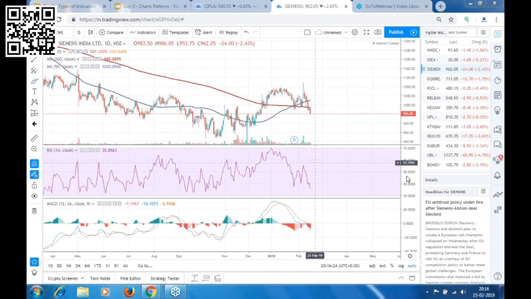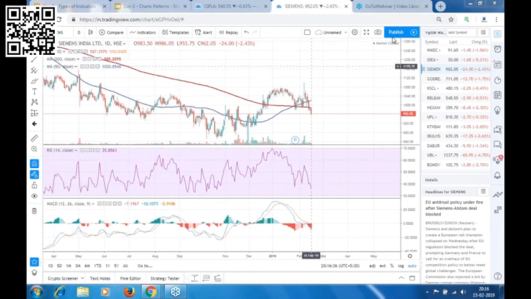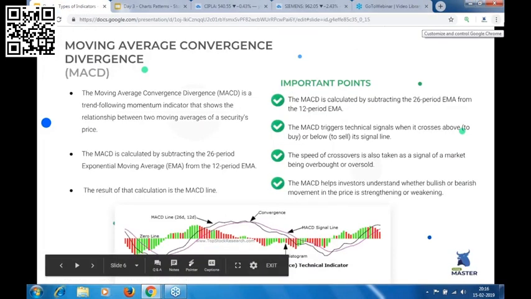So MACD, that is moving average convergence divergence, as I said, is a trend following momentum indicator. Now see, there are two moving averages that are used in MACD. One is a 12 period exponential moving average and the other one is a 26 period exponential moving average.